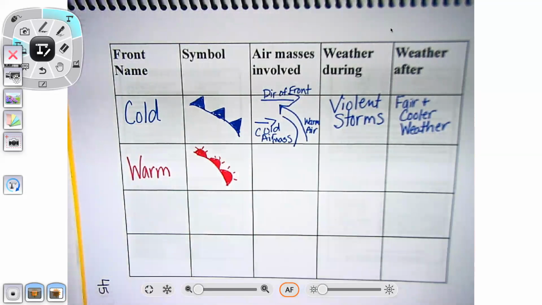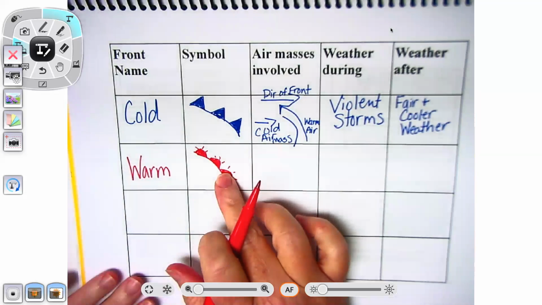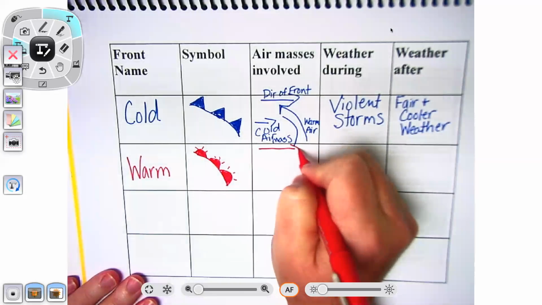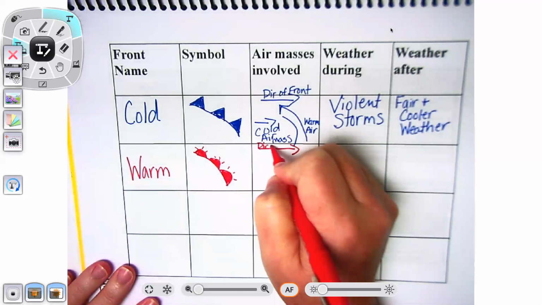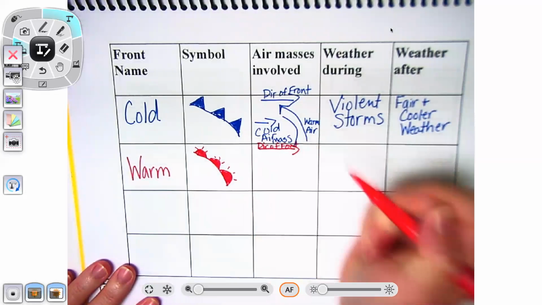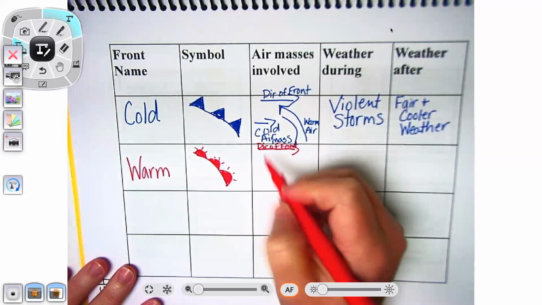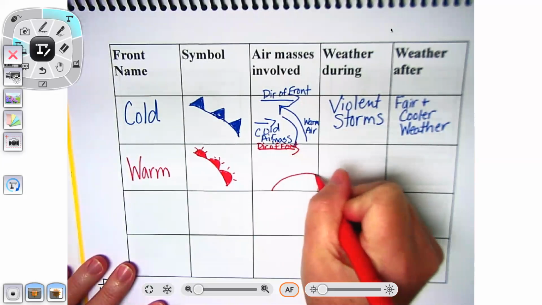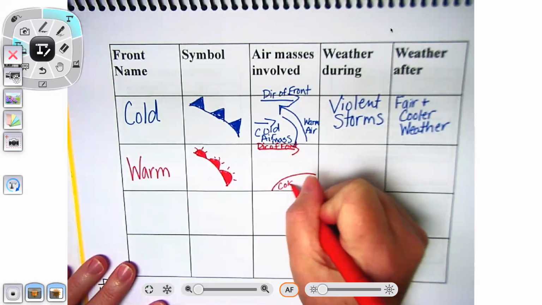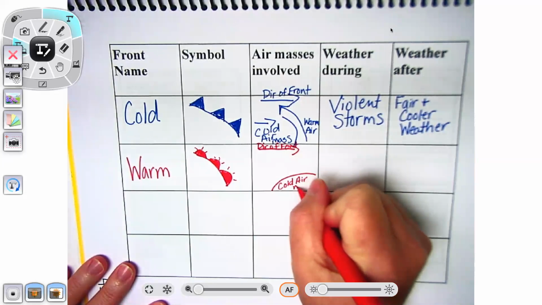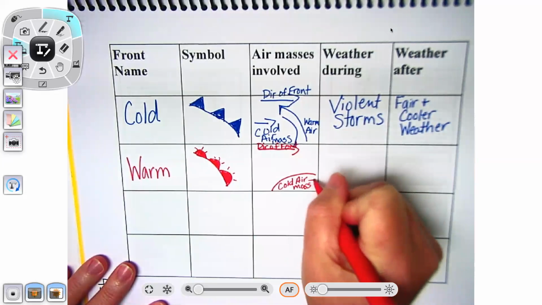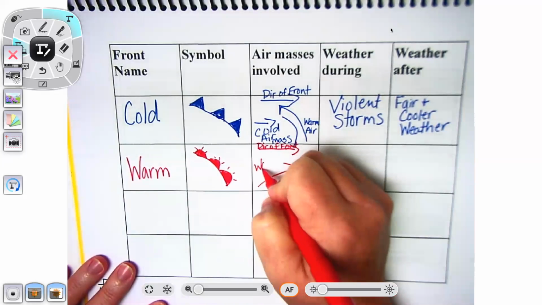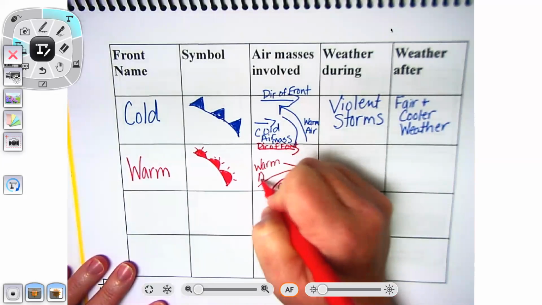Next, we're going to talk about the direction of the front. And again, the way that the circles are moving is the direction the front is going. So if this is the direction of the front, I have warm air, and I have a cold air mass here. If the warm air mass is going this way, it is basically coming in and squashing the cold air.